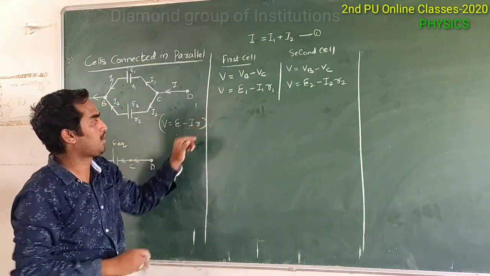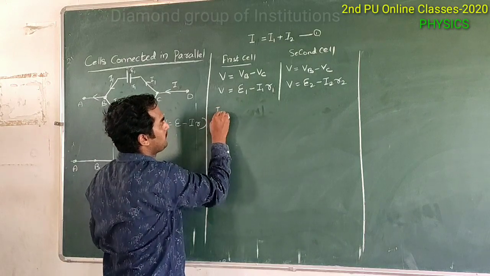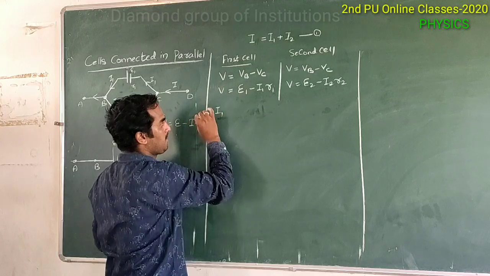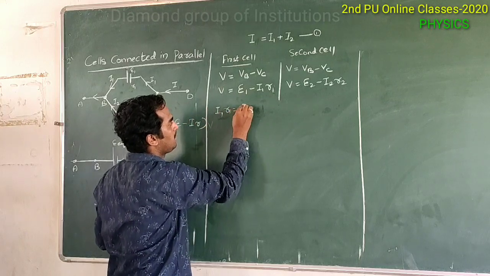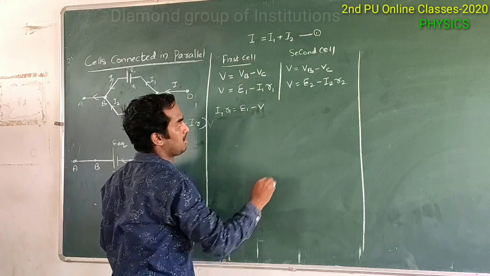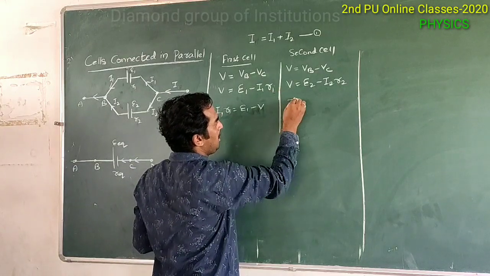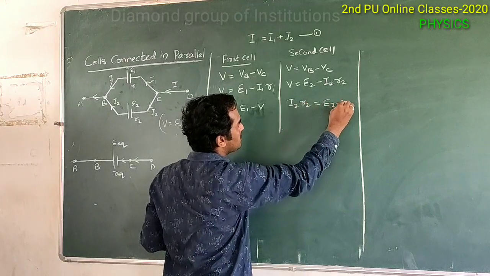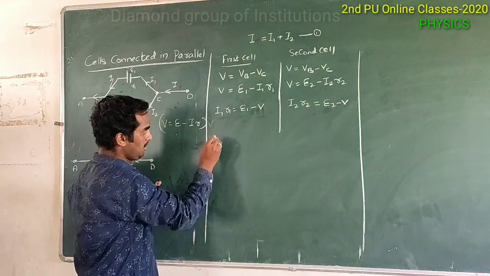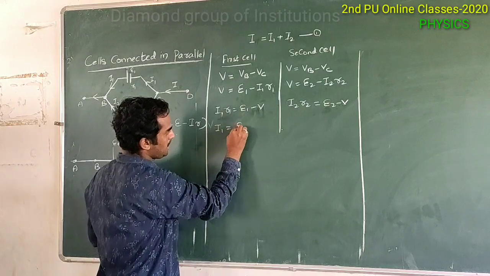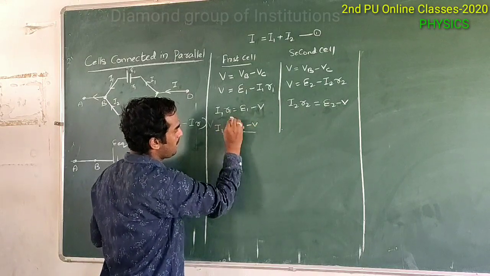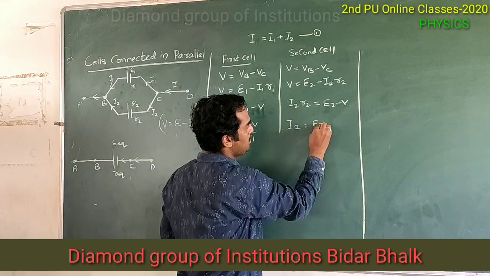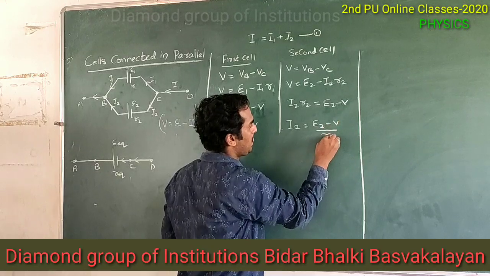If you calculate the value of I1, the minus term becomes plus. If you take it to the left hand side, I1 into R1 equals E1 minus V. Same step, I2 R2 equals E2 minus V. So I1 becomes E1 minus V divided by R1. Next, I2 becomes E2 minus V divided by R2.